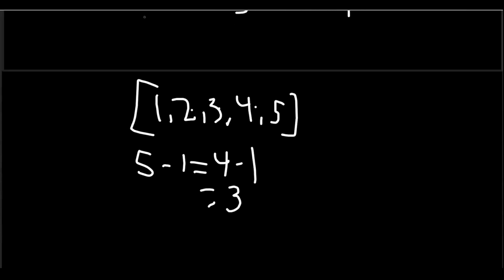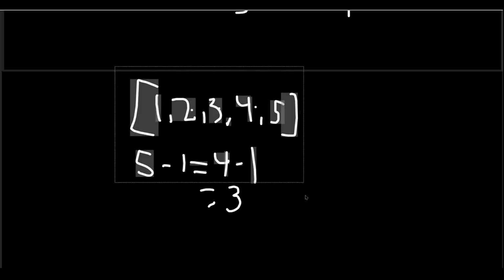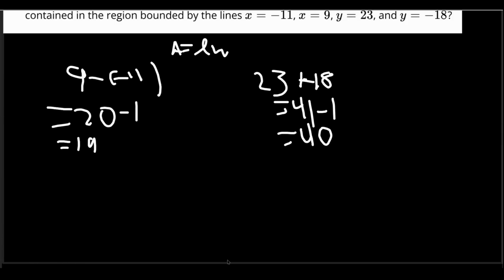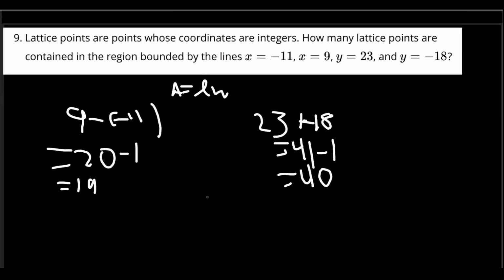So I'm just gonna delete this. So this question is asking us to find the number of lattice points that are contained in the region. So not on the actual lines, we have to find the points that are inside of the region, and we have to exclude the ones that are touching the lines.